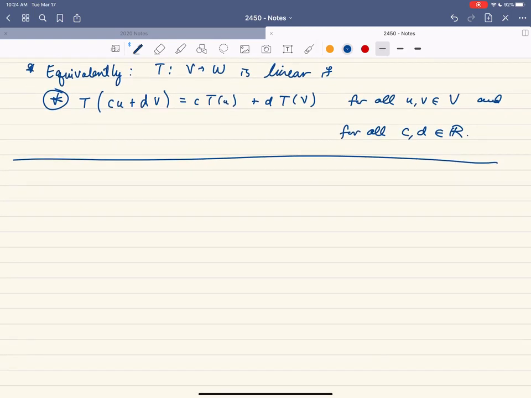All right, so what I want to do is look at an example. For now, I want to pick our domain and our codomain to both be R2, because this is going to give us a decent bit of intuition as to how linear transformations work, and why they have the properties that they do.